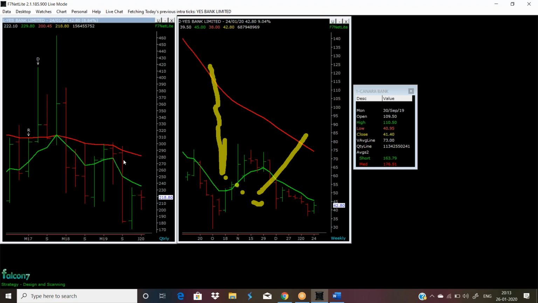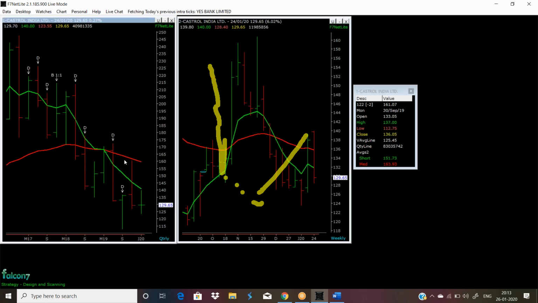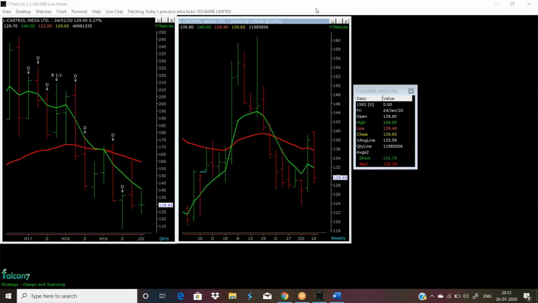Whenever you compare Castrol India, you find the close has gone below E6, indicating that as per weekly chart, the stock is weak.